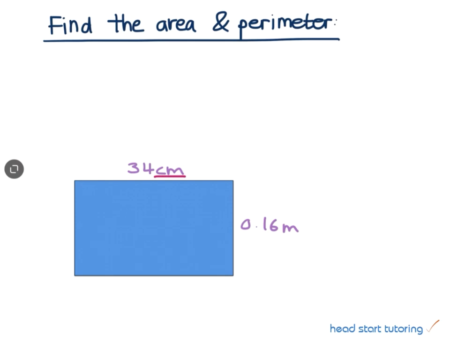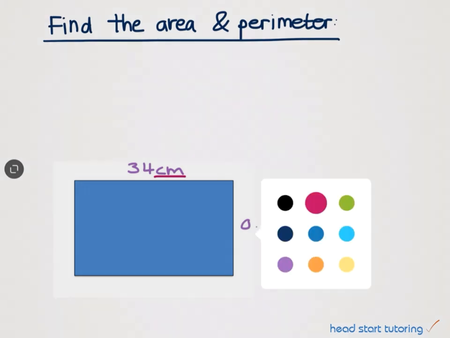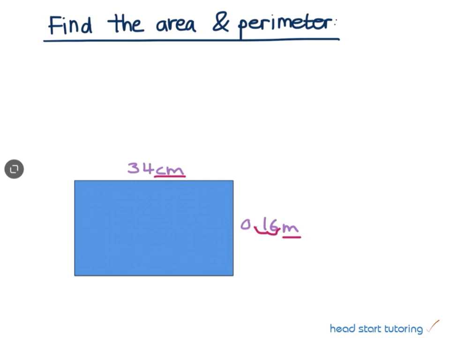Because we know that converting from meters to centimeters, we multiply by 100, we would end up with 16 centimeters. So 0.16 meters is equivalent to 16 centimeters. So converting both our measurements into centimeters seems to work out much better.